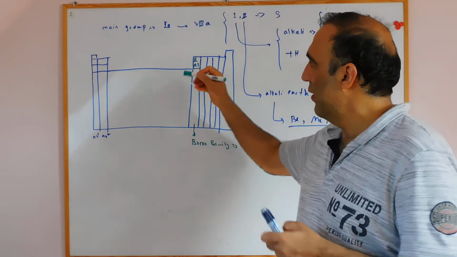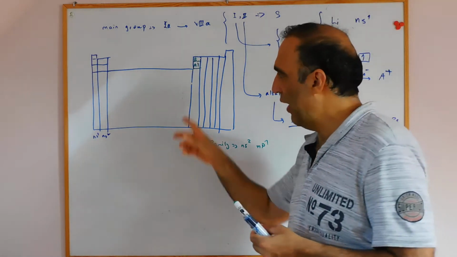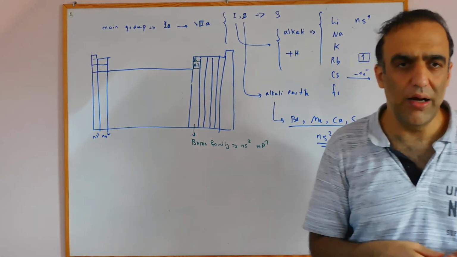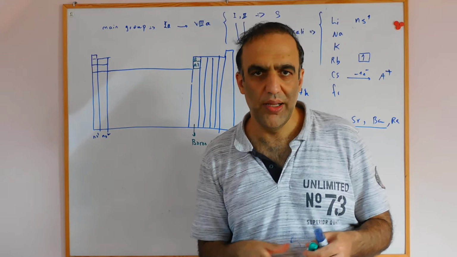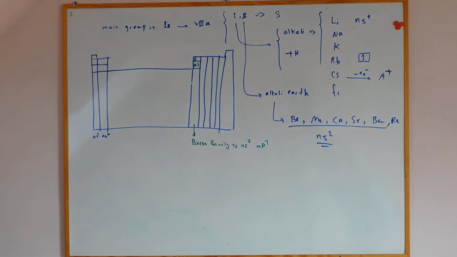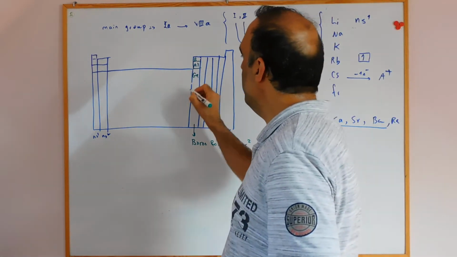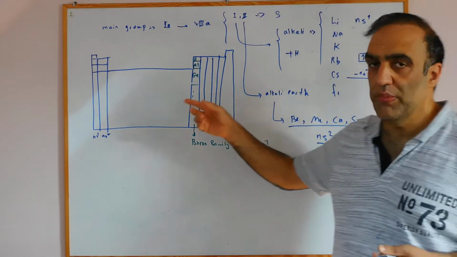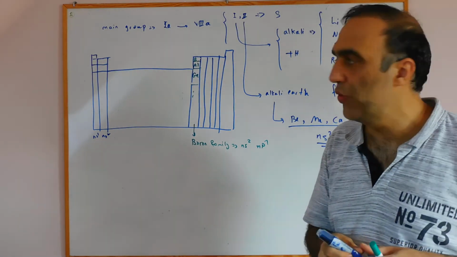Boron is a metalloid, and aluminum is the metal. It is important for this section. We also have germanium and other elements we will study later. But for the medical student, the first two elements are very important.